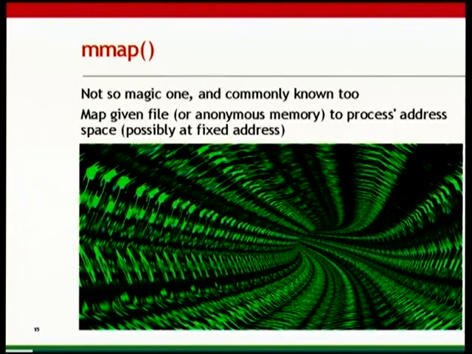And if the contents of the file isn't read from the disk yet, well, then the kernel will trap your access again, and it will load the necessary data from the disk to the memory, and then return the control back to you, and you will get your data. And it also works for writing.